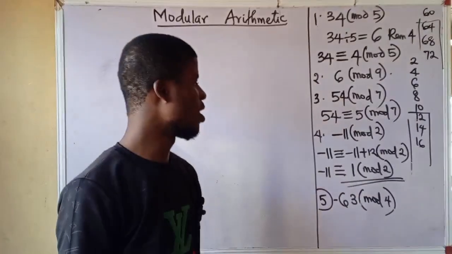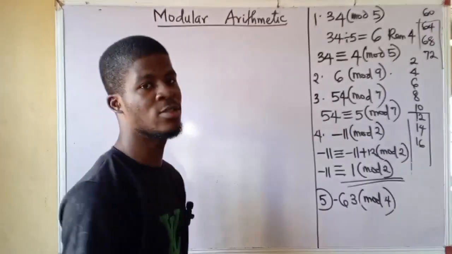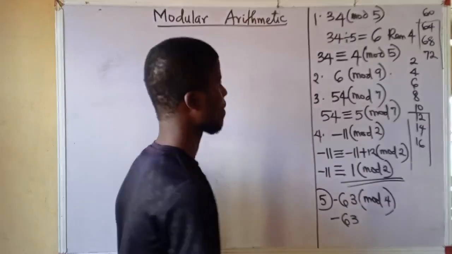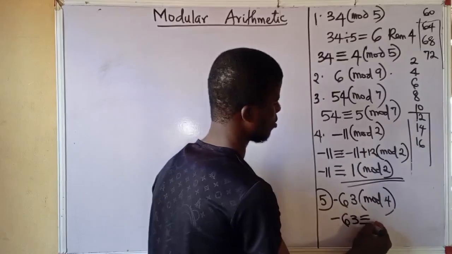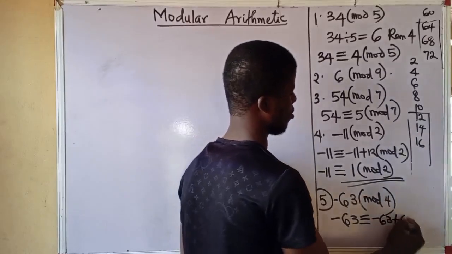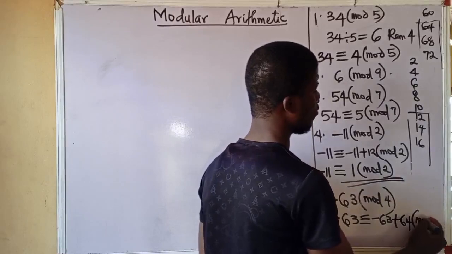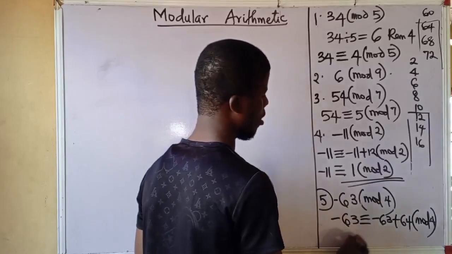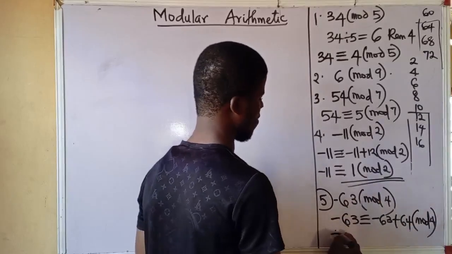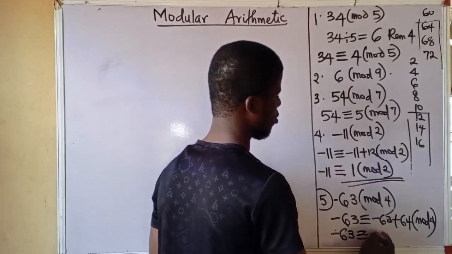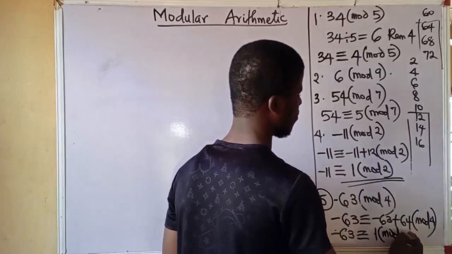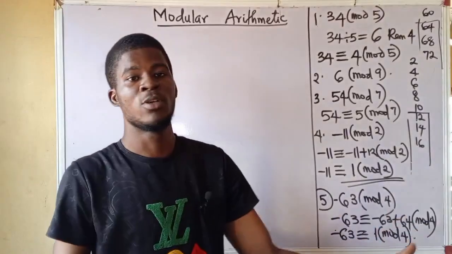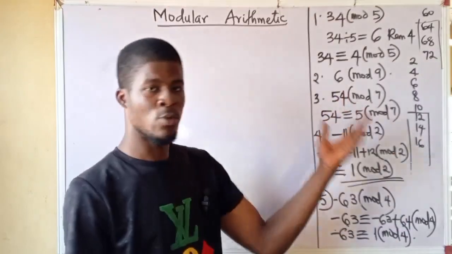So I add 64 to minus 63. Minus 63 is congruent to minus 63 plus 64 modulo 4. So 64 minus 63 is 1. We have minus 63 is congruent to 1 modulo 4. So we have 1 again, but it could be something else, depending on the number and the multiple.